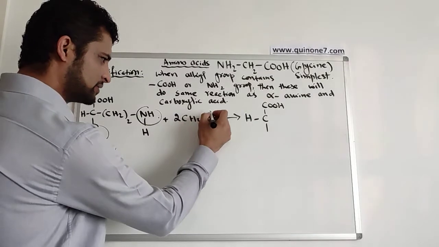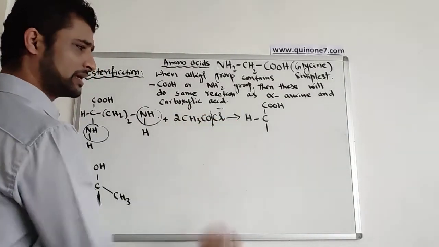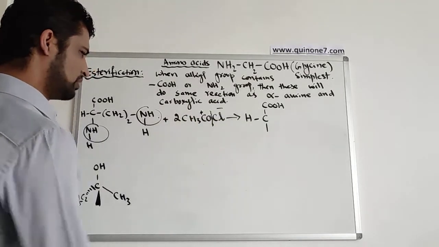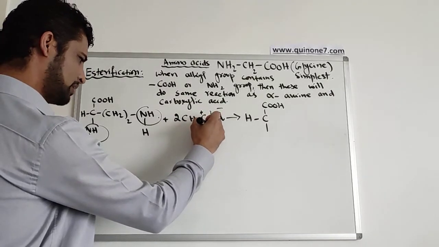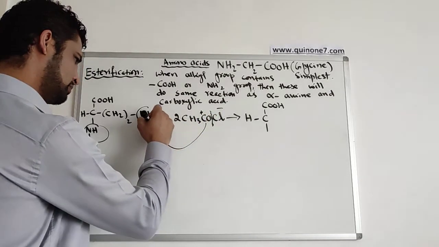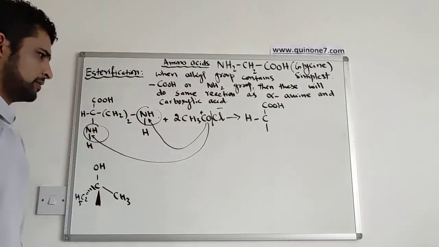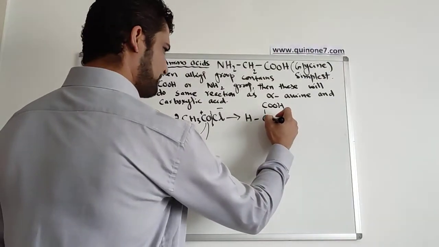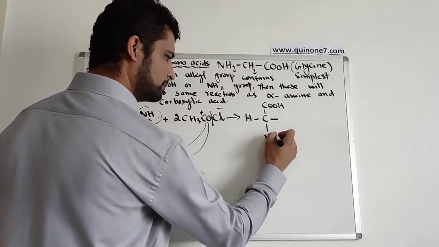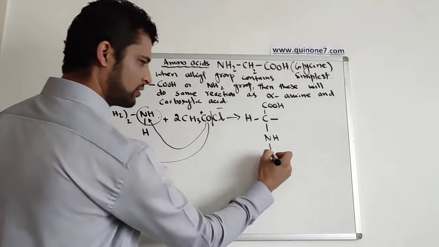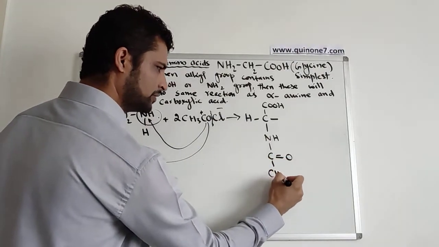Each of these comes from the acyl chloride, so this one will be negative and the carbon will carry a positive charge. That part will combine with the NH2, there, and also there. So here you will have NH, then you have carbon there, double bond, CH3.